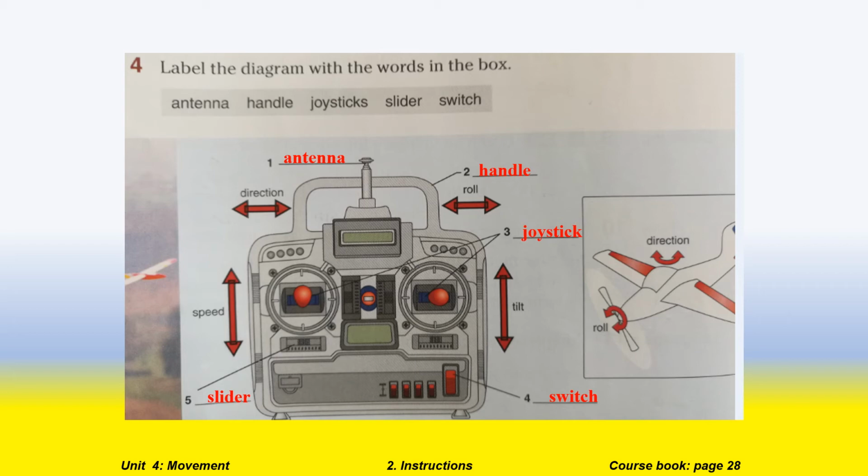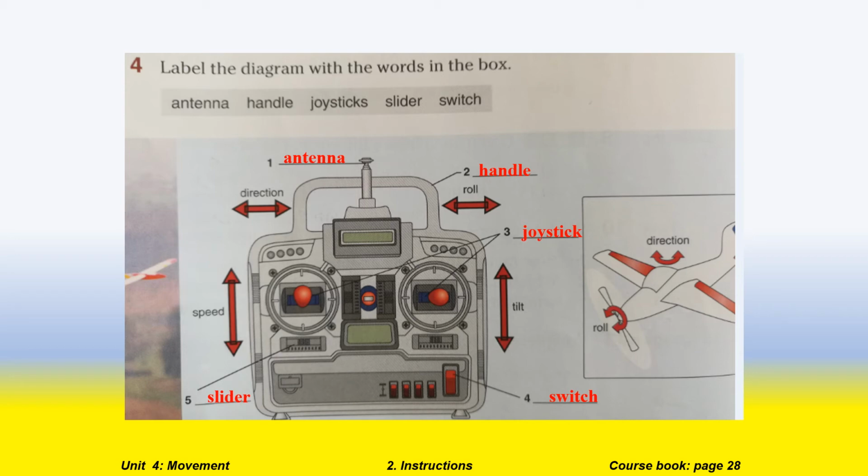Now look at what is written under number 1, direction, to the right and to the left. Okay, so if you move the joystick to the left or to the right, it controls direction. If you move it forward and backward, it controls the speed. Look at the word on the right here, the arrow, speed.